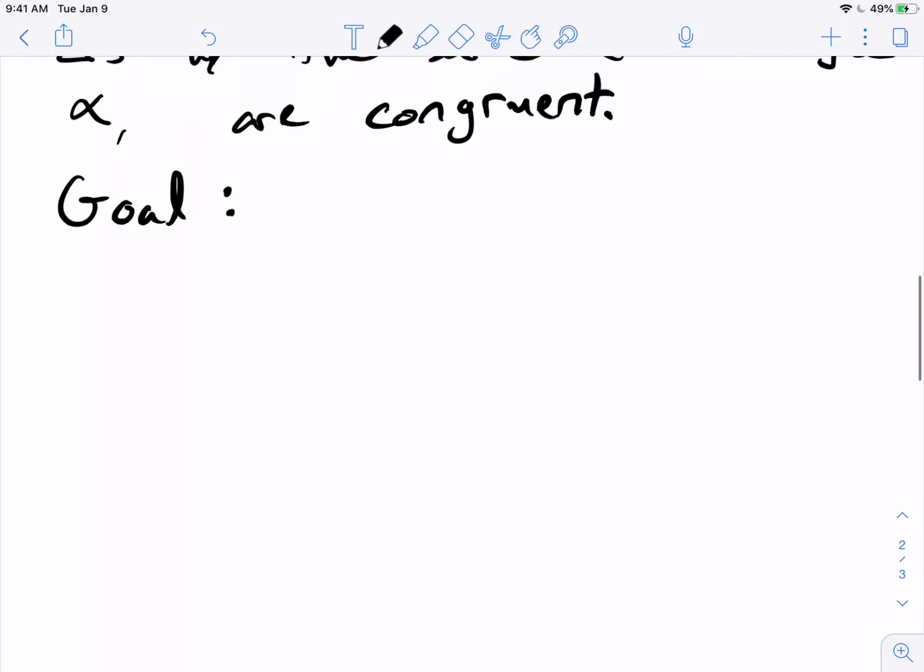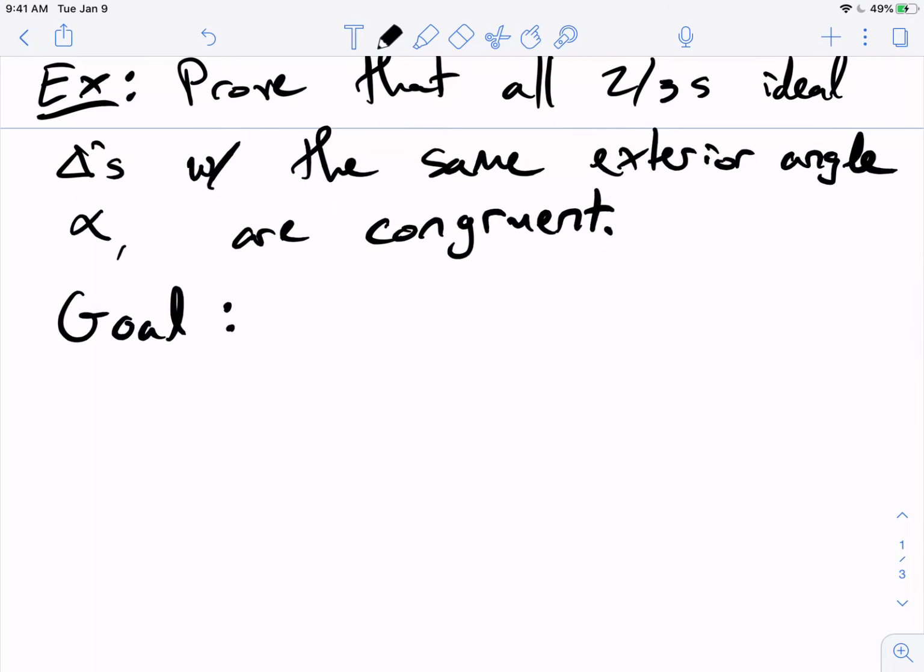So what we're going to do today is calculate the area of one of these triangles. And since they're all congruent, if they have the same exterior angle, the area should only depend on that exterior angle.